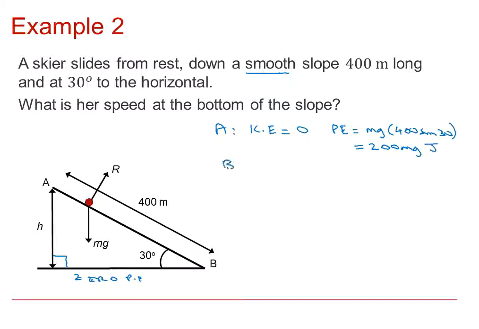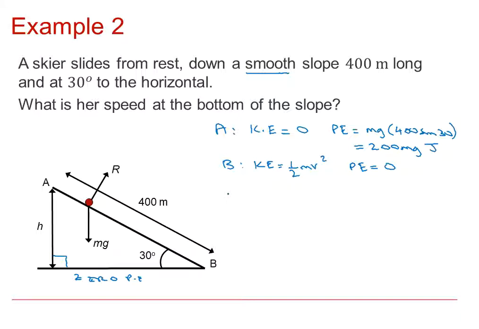If we now look at B, the kinetic energy at B is a half m, and I'm going to call the speed v, squared. The potential energy at B will be 0 because that's our zero potential energy level.